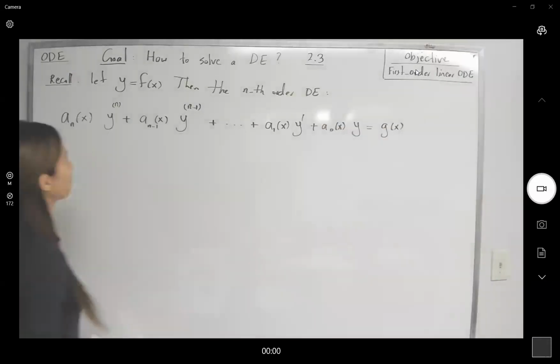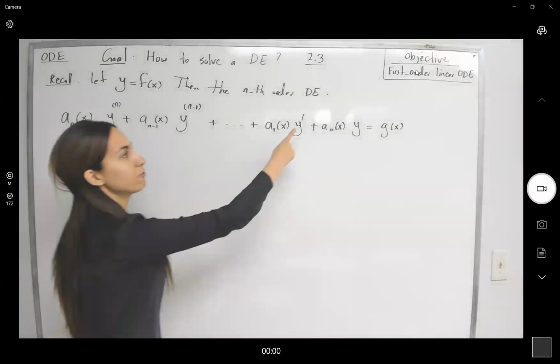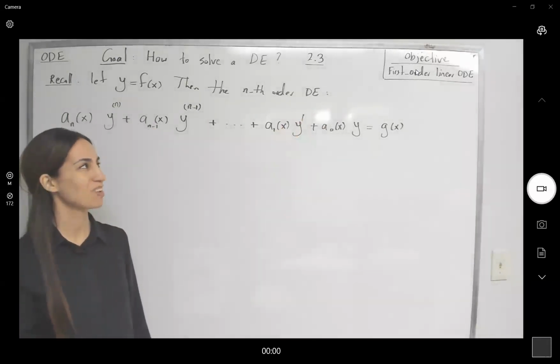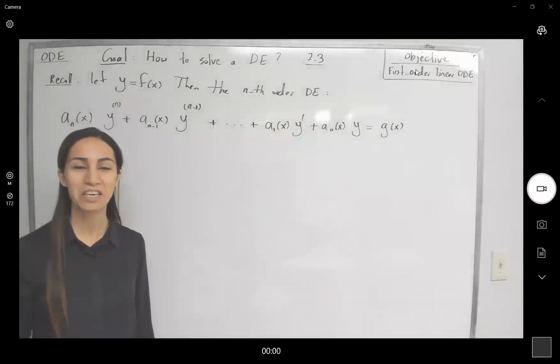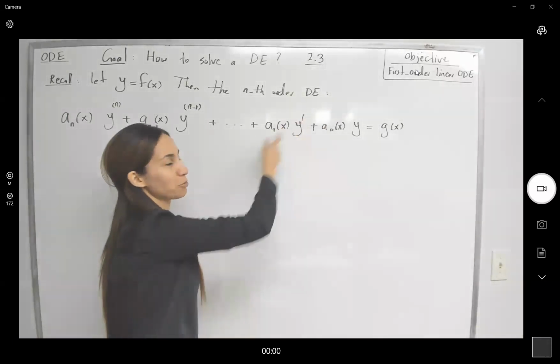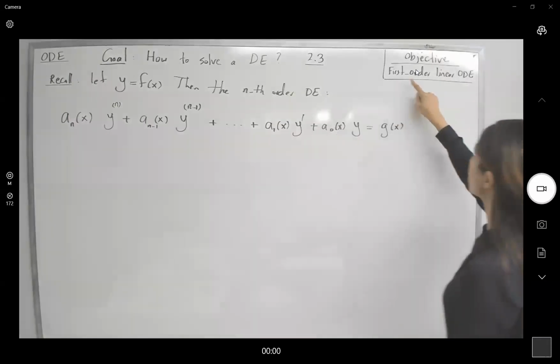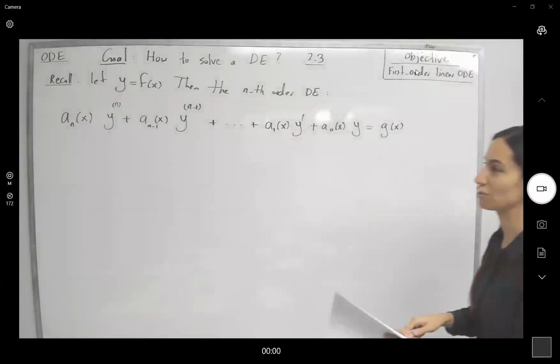So if you only focus on the first derivative, it means that the highest derivative in the equation is y prime, the first derivative, then we are dealing with the first order linear differential equation.